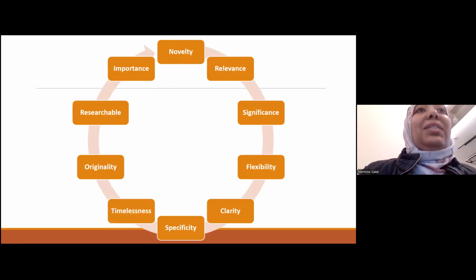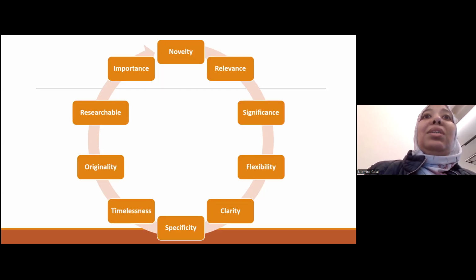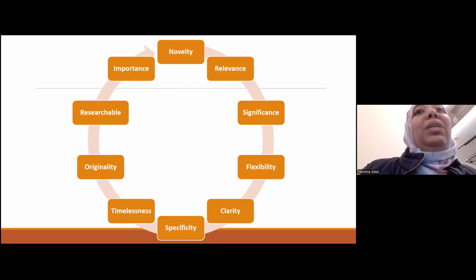So, novelty. Novelty in the approach, novelty in the idea, novelty in the theoretical framework, novelty at so many different levels. With novelty emerges relevance: how relevant it is to the context, how relevant it is to the participants, how relevant it is to me as a researcher, how relevant it is to the community itself. Significance: you need to carry out research that is significant.